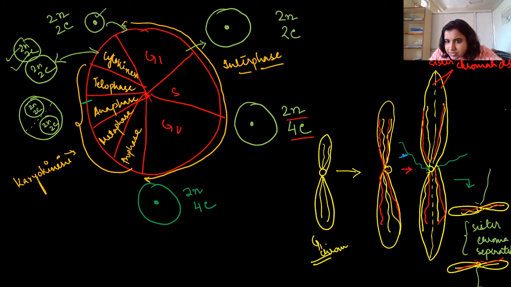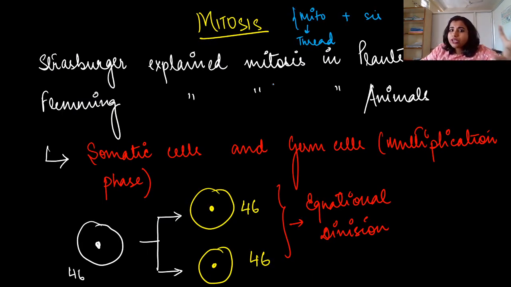How this structure develops and separates the chromosomes, the entire cycle we study in mitosis. So mito means thread-like structure, and the second part means splitting the chromosomes, the sister chromatids. This thread-like structure, in biological terms, we call spindle fiber, right?